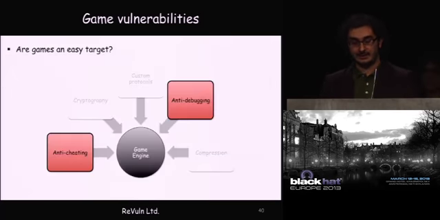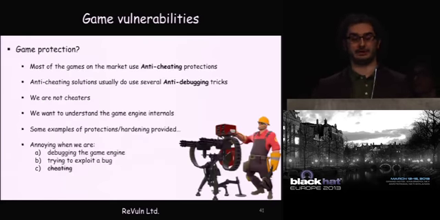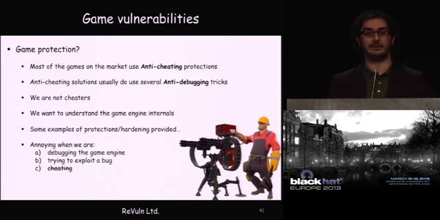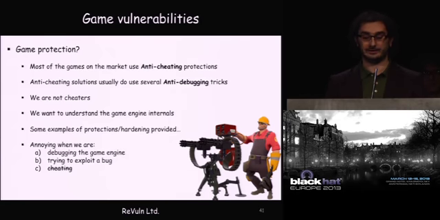Okay, so if you're a player or you like cheating and doing this kind of stuff, usually games have a lot of protection. And the point here is that these protections are not there to prevent people from finding vulnerabilities. They are there because they want to prevent people from cheating. But they are super annoying even for bug hunters, because you have trouble attaching your debuggers. They detect if you mess with memory or you use tools that you need to perform your analysis.